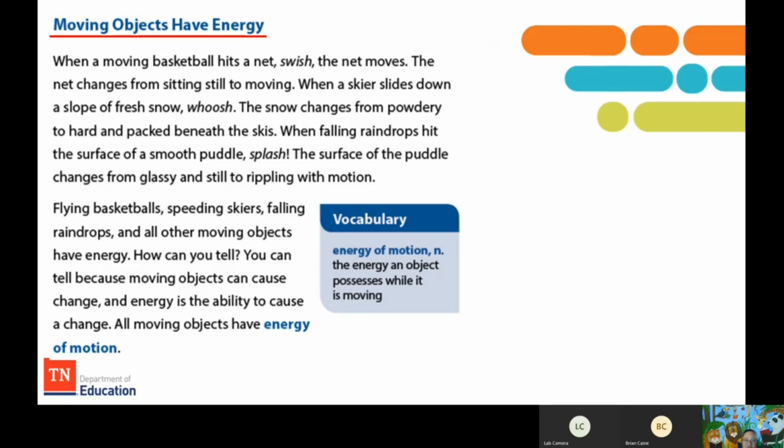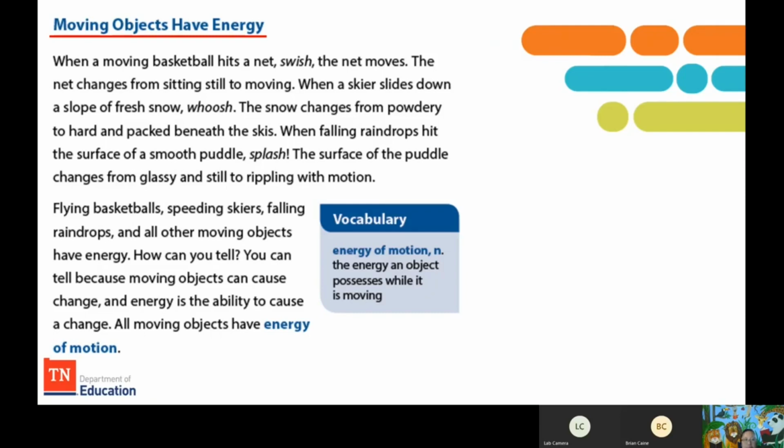The net changes from sitting still to moving. When a skier slides down a slope of fresh snow, whoosh, the snow changes from powdery to hard and packs beneath the skis. When falling raindrops hit the surface of a smooth puddle, splash, the surface of the puddle changes from glassy and still to rippling with motion.